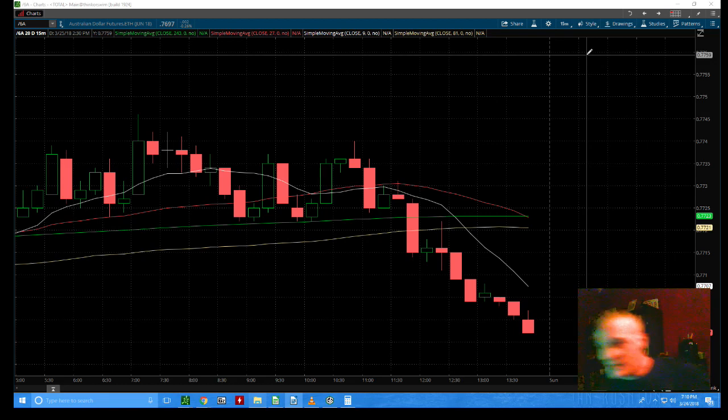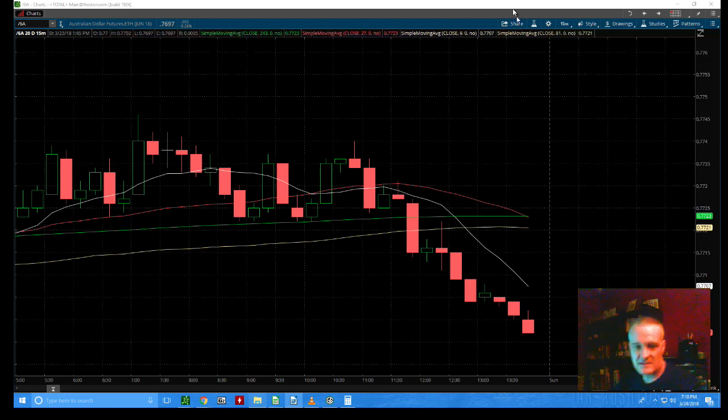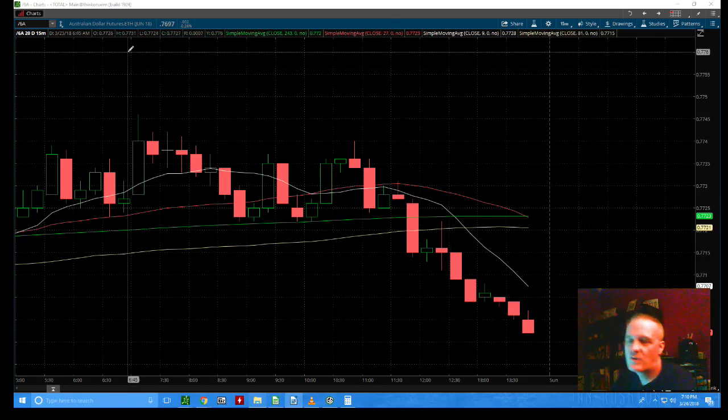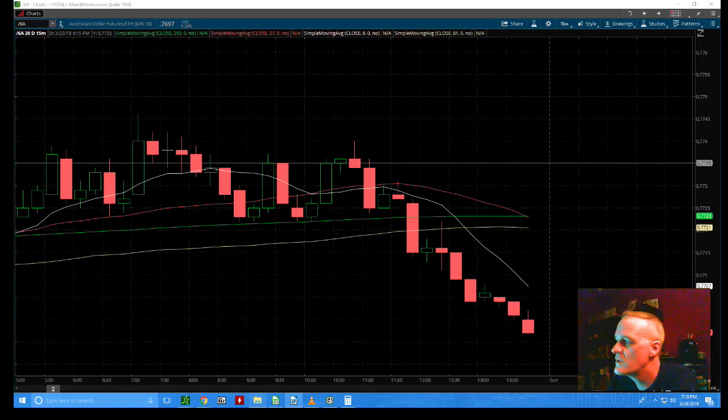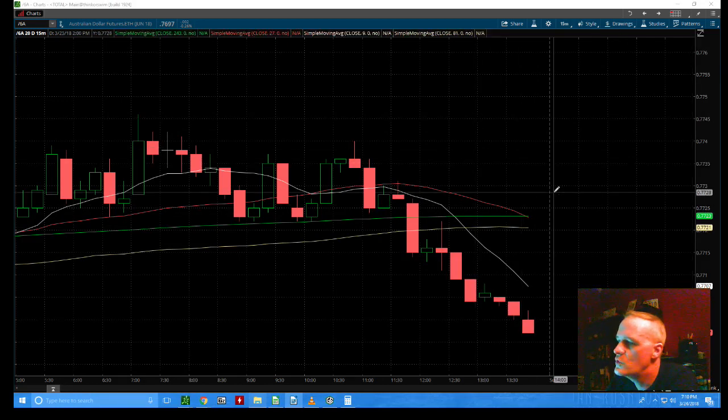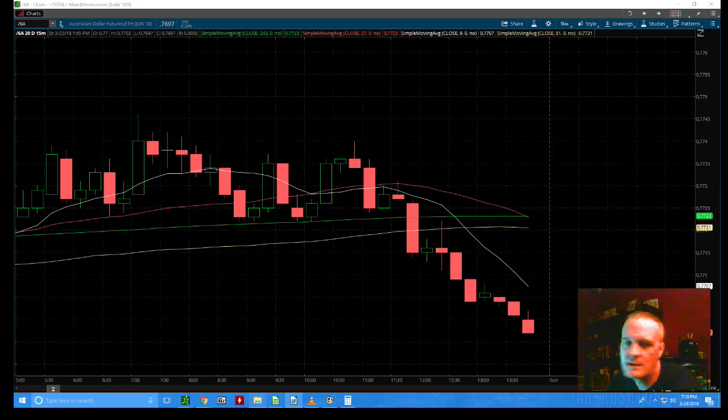So that's an example of using the price crossover as an indicator. You can also use crossovers of indicators themselves. So if you have a fast indicator that crosses over a slower indicator, that can be a signal to either go long or short depending upon what direction the cross is going in.